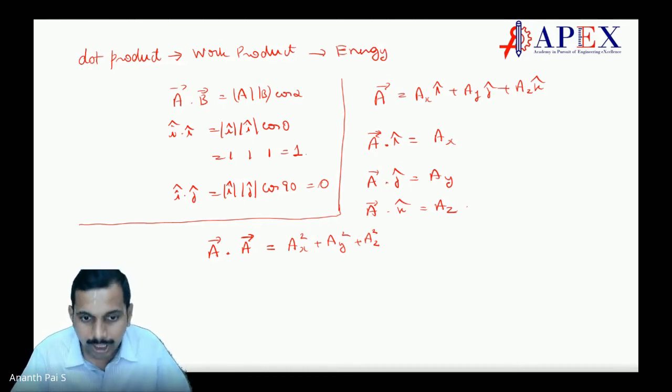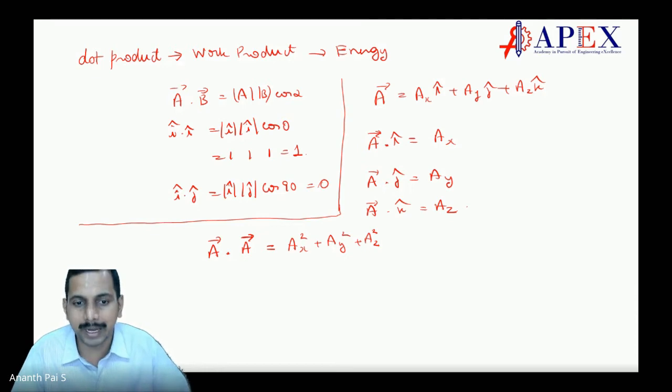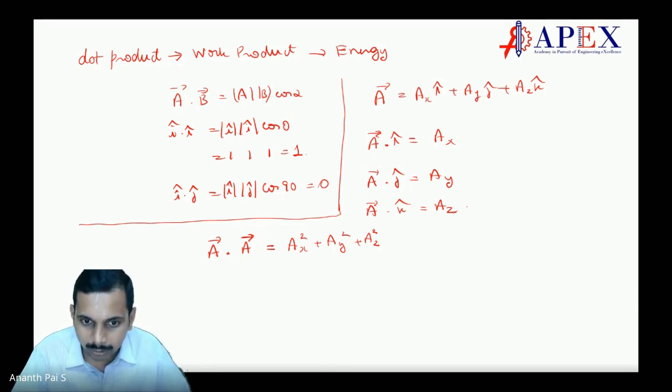So what happens? The dot product is actually equal to the magnitude. We can say the dot product of two vectors is equal to the product.